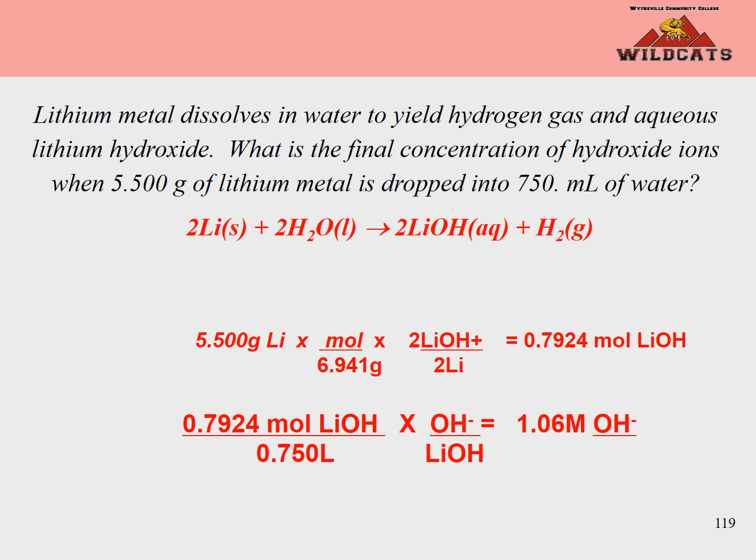Remember, volume has got to be in liters. And it's asking us for the concentration of hydroxide ions. The nice thing about this, it's convenient: it's a 1:1 ratio between OH minus and lithium hydroxide. So if I take 0.7924 divided by 0.750, I end up with a 1.06 molar hydroxide ion solution.